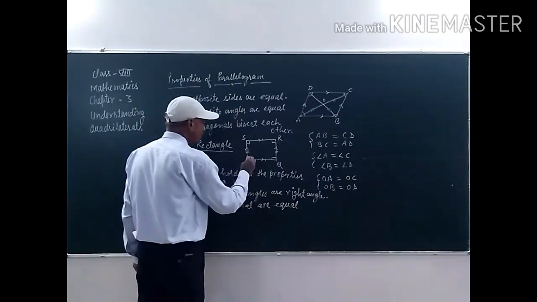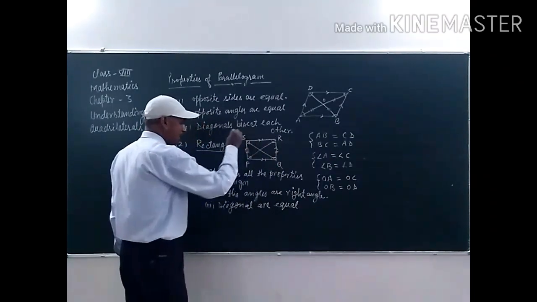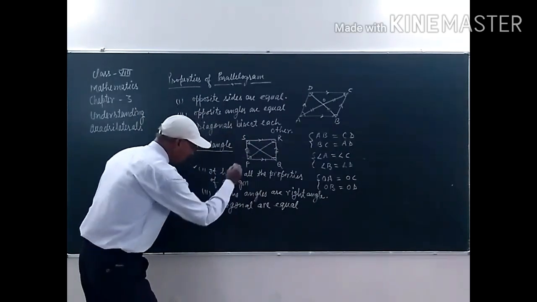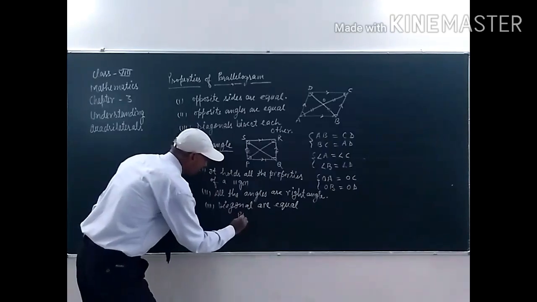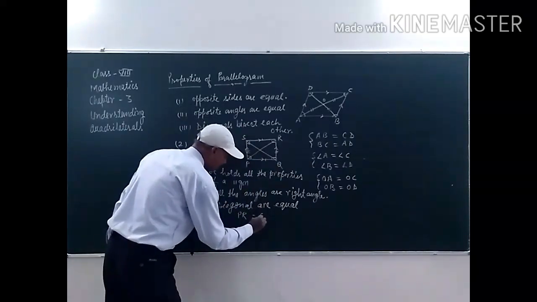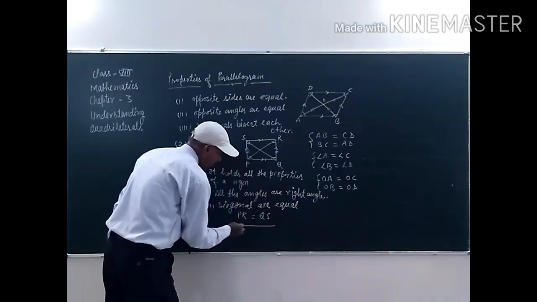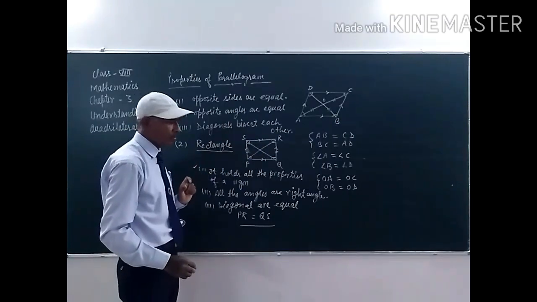It means this one diagonal and this one diagonal are equal, so diagonal PR is equal to QS. If the figure is a rectangle, then its diagonals will be equal.